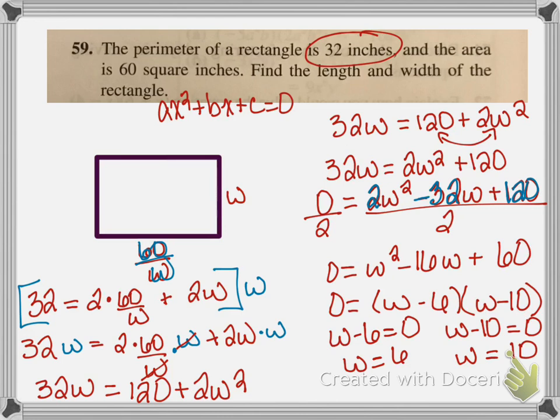If I plugged 6 in for W, so if I made this 6 inches and I did 60 divided by 6, what do I get for my length? 10 inches. Now, if I plugged 10 in for W, I would have 60 divided by 10. What would I get for my length? 6. So they're interchangeable. It doesn't matter which one you use.